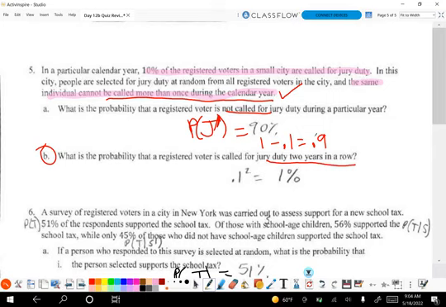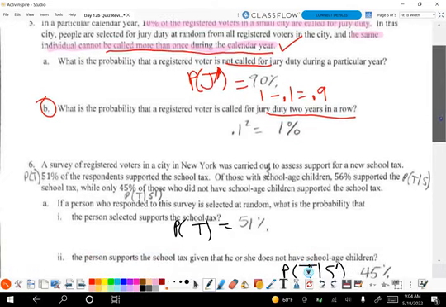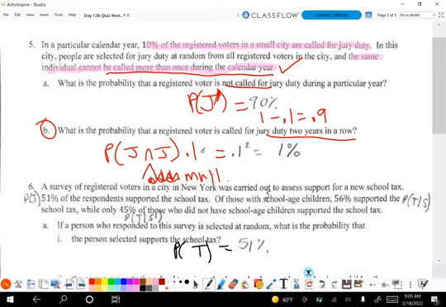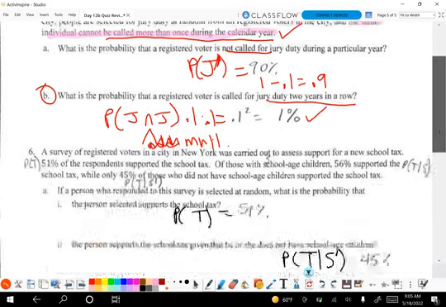In 5B, where it asks what's the probability that a registered voter is called for jury duty 2 times in a row, if your probability of being called for jury duty in each year is 0.1, that's the intersection. Intersection means multiply. And so we're going to do 0.1 times 0.1. And that's going to be a 1% chance for being called 2 years in a row for jury duty.